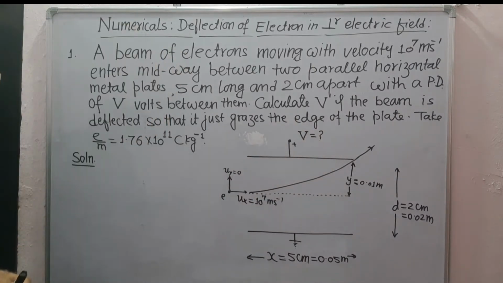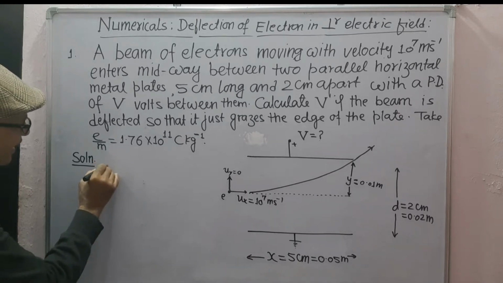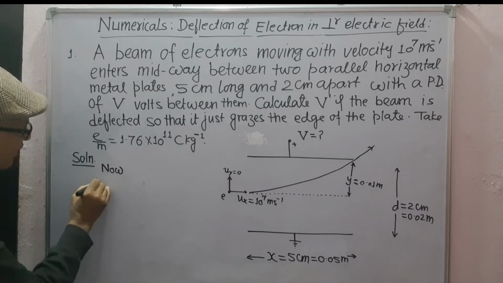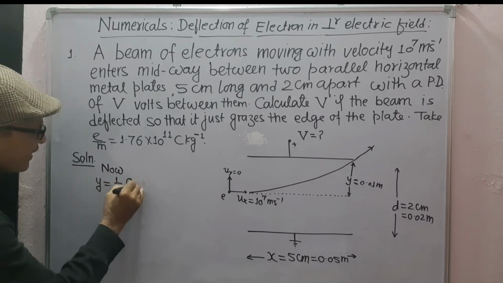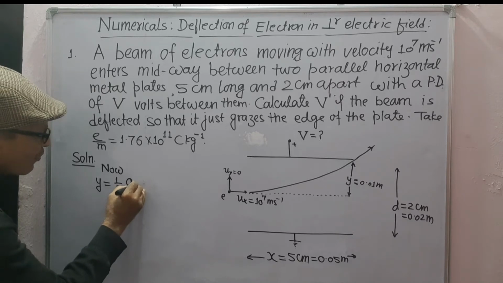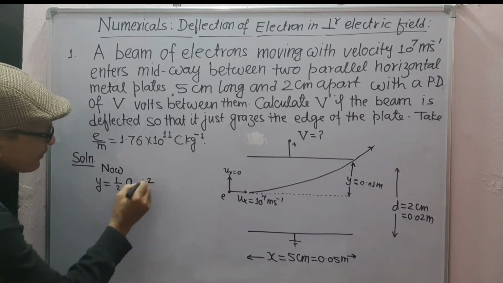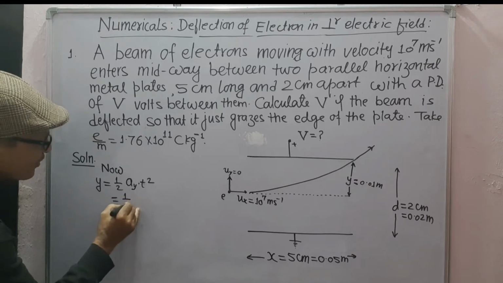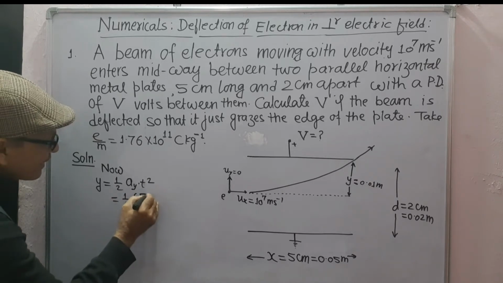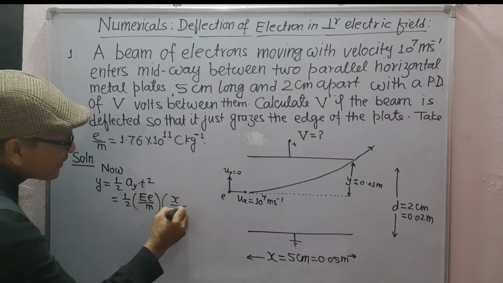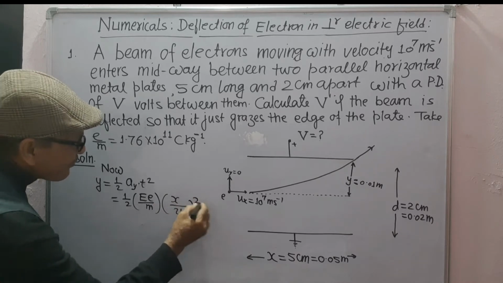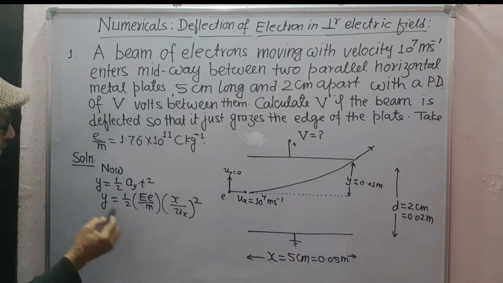Now come to the solution. We know that the vertical deflection y will be equal to 1 by 2 a_y t square, that is 1 by 2 e upon m into x upon u_x whole square.